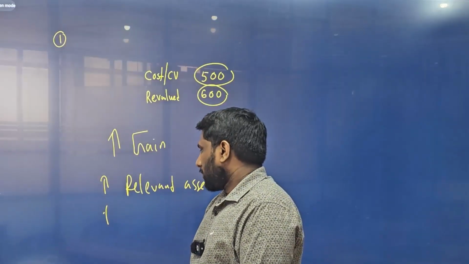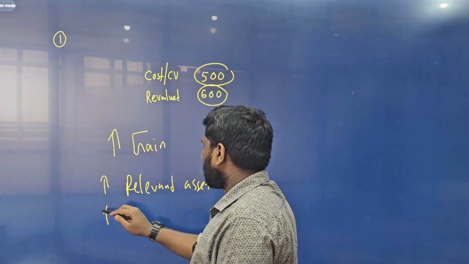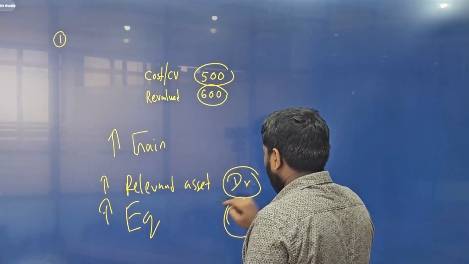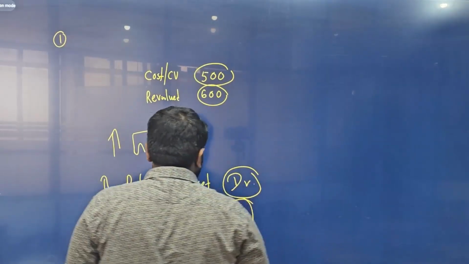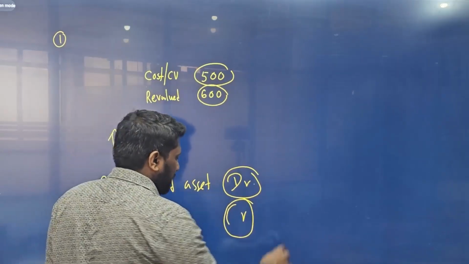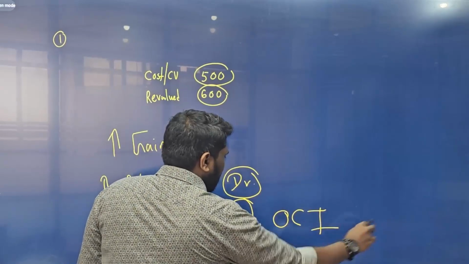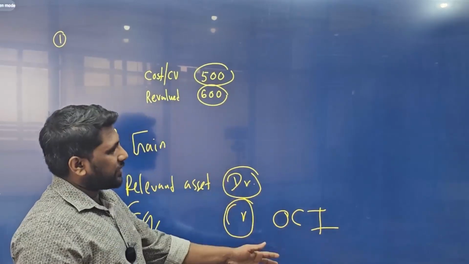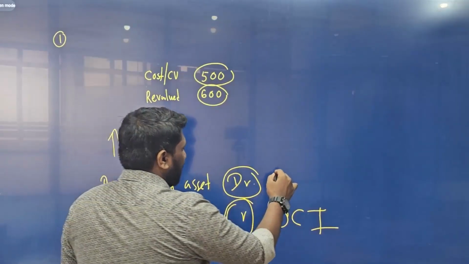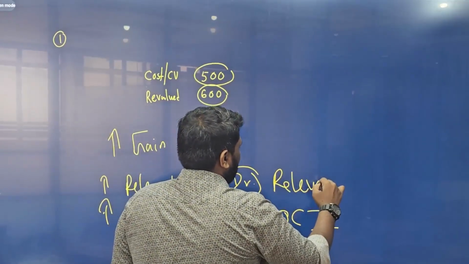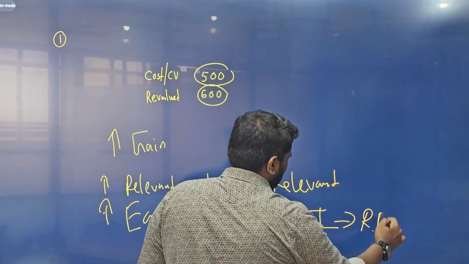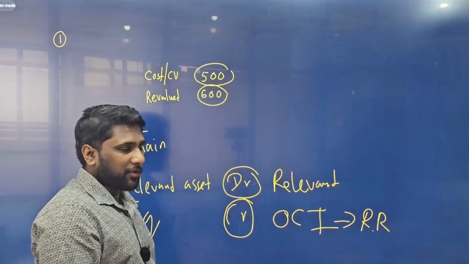Your equity is increasing, a credit entry. Eventually it should go to the revaluation reserve only, but you can't directly go to it, so you have to go through OCI. You will debit the relevant asset account, credit the OCI. OCI will go and give it to the revaluation reserve. That's the process.